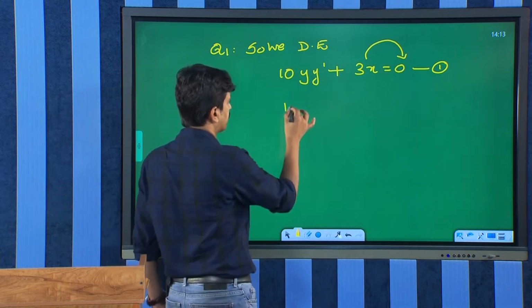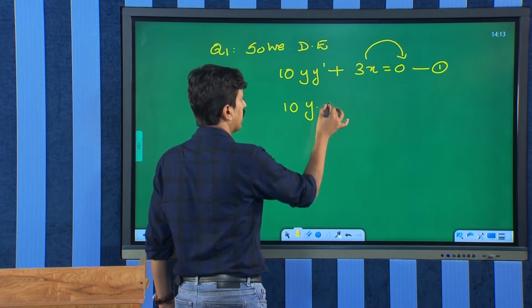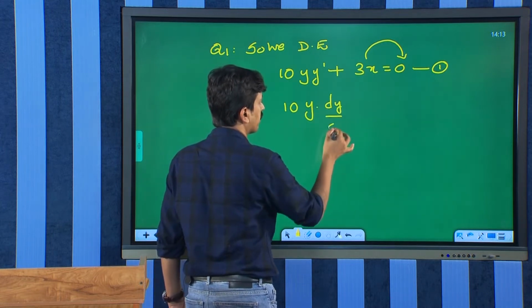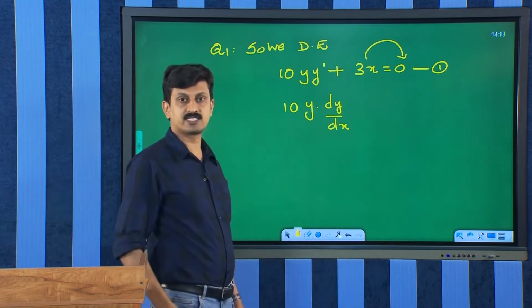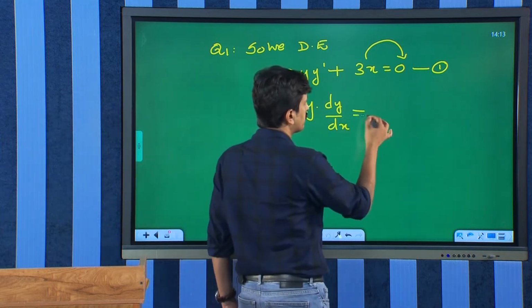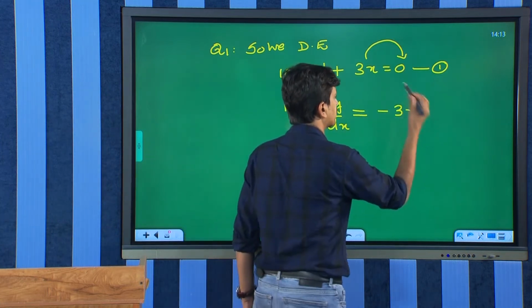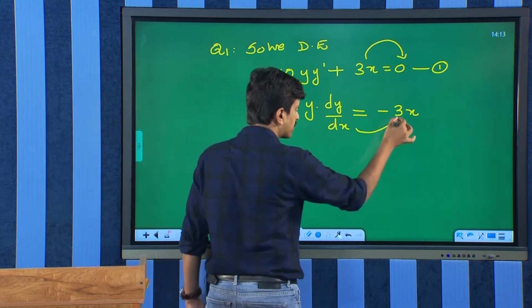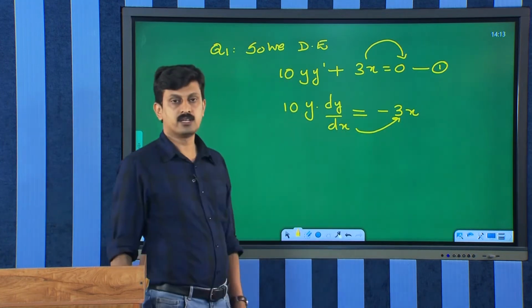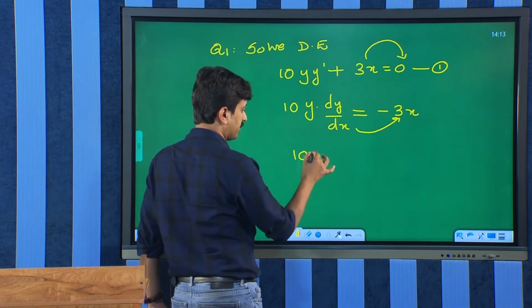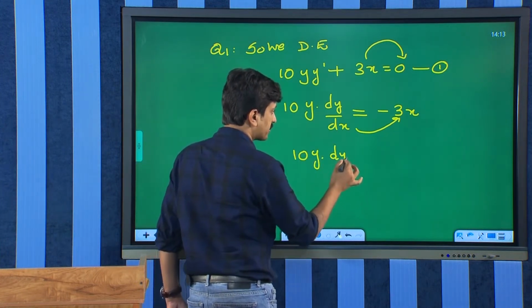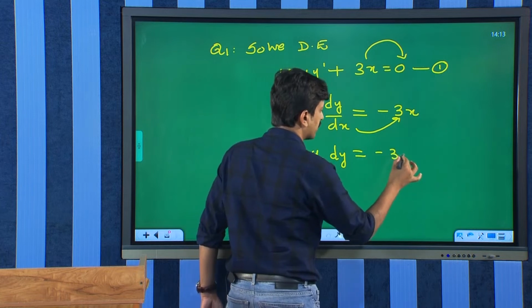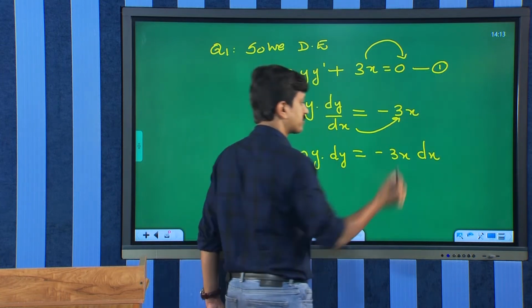So we will have 10y, writing y dash as dy by dx, equal to minus 3x. I would like to take dx to the right side, therefore we will have 10y dy is equal to minus 3x dx.